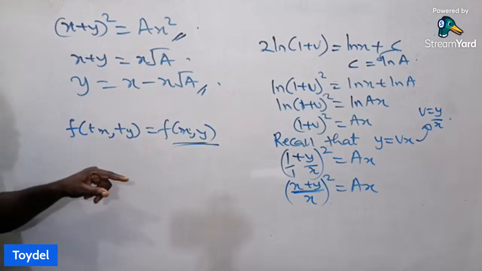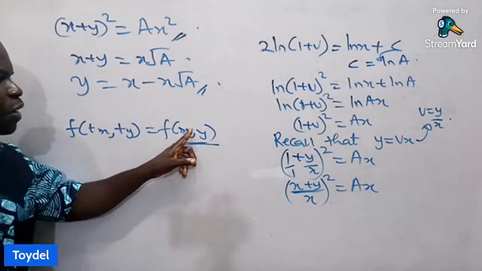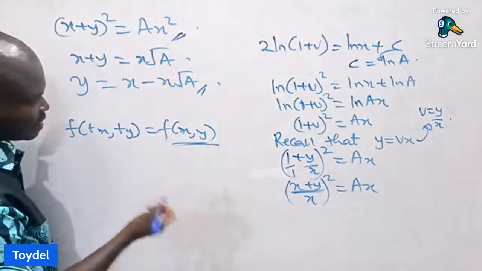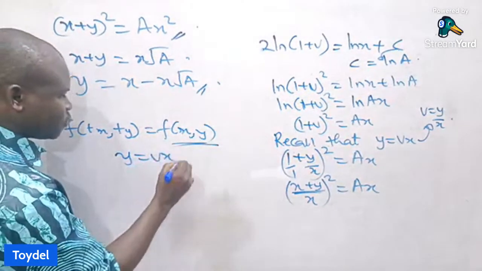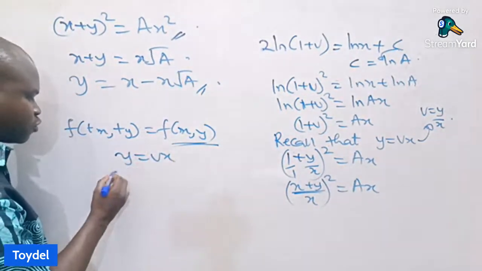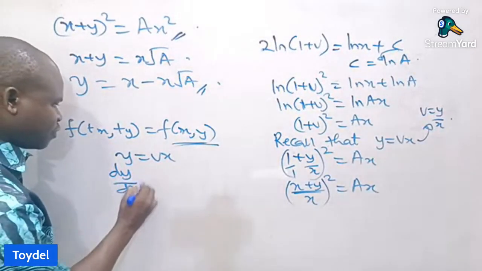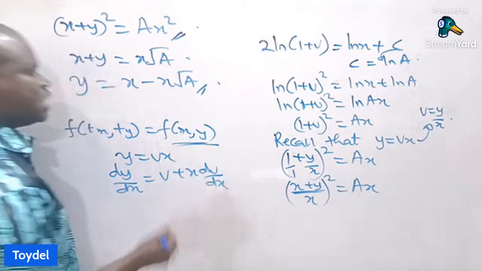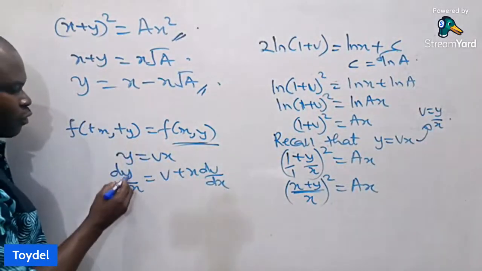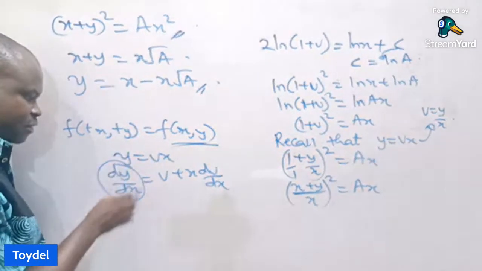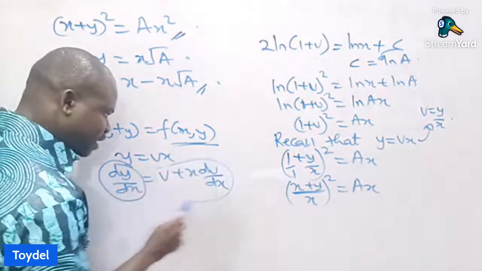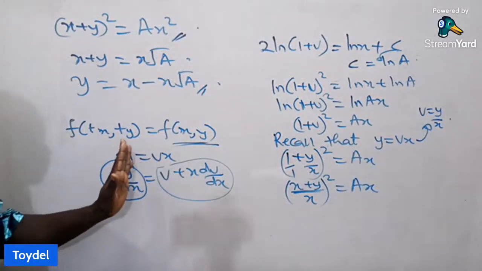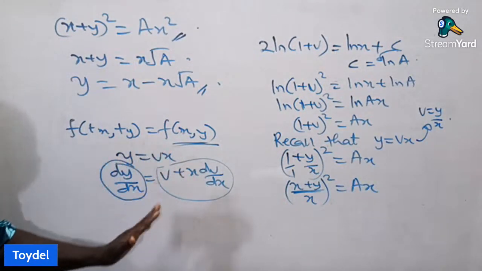If we are sure that the equation is homogeneous, we cannot solve it directly. We normally make use of the let statement: let y equal vx, so that when we differentiate, we have dy/dx equal to v + x dv/dx. So in that given question, wherever you see dy/dx, we represent it with what we have here, then we solve that equation using variable separable.